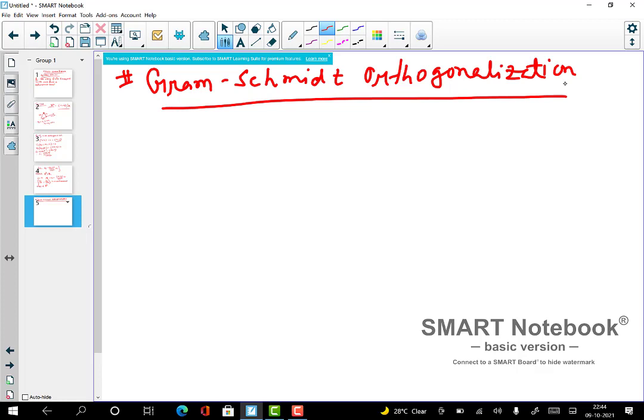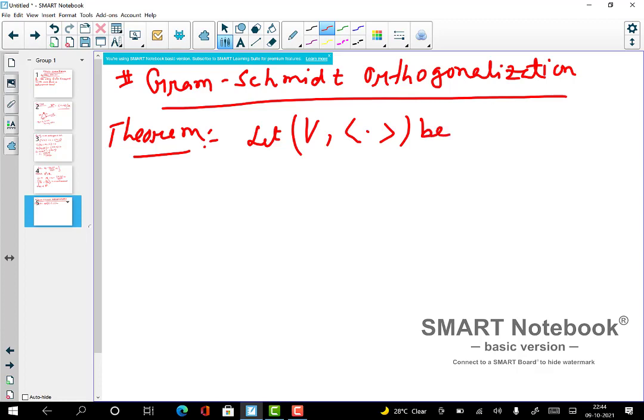So what does this process say? That if you have an inner product space. So let me write it down. It's a theorem. So I don't need finite here.